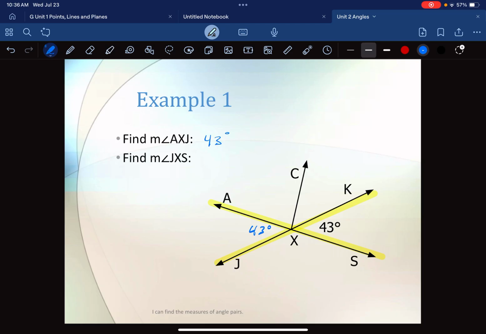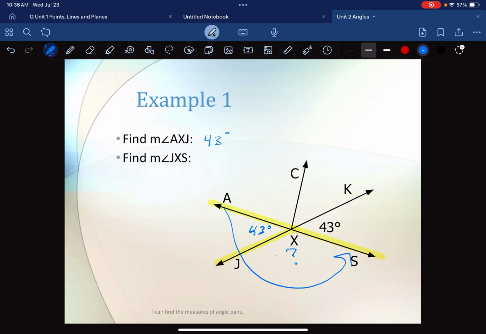Well, then they ask for JXS. Well, I need to come up with some kind of relationship for those. Well, I remember linear pairs. So in the drawing here, AS is a straight line, and XJ, that ray, breaks up this lower side of the drawing into two pieces, right?